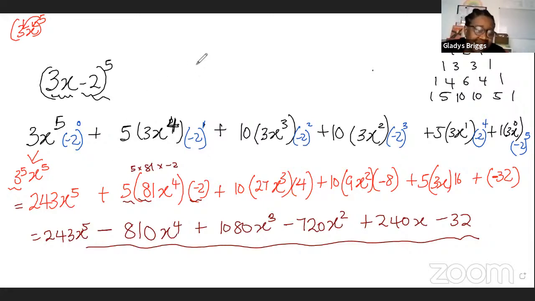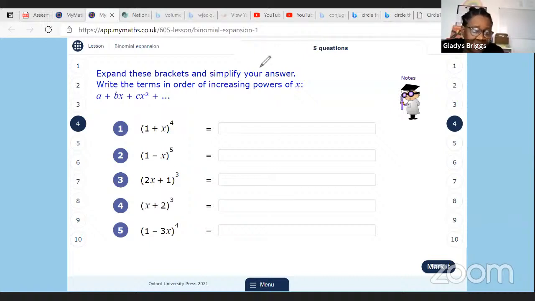Okay, let's go to my maths and see if we can do at least one. If we can do at least one, then we are good. Now this is going to be an easier one because we did x to the power of 5, so this is x to the power of 3, so you can do this one. Stop share screen, annotate. No wonder it wasn't letting me. Have a go at that one for me.